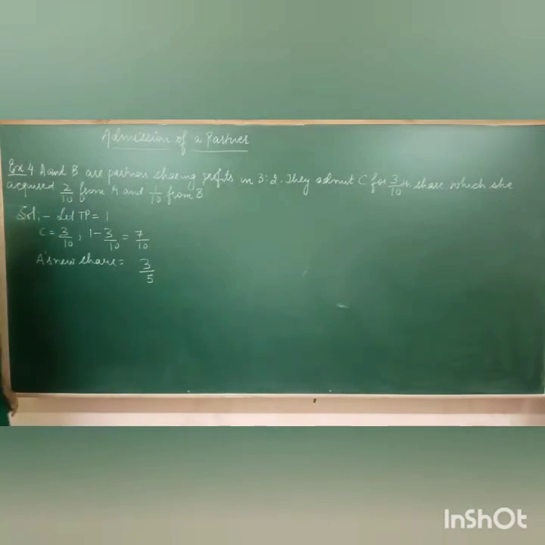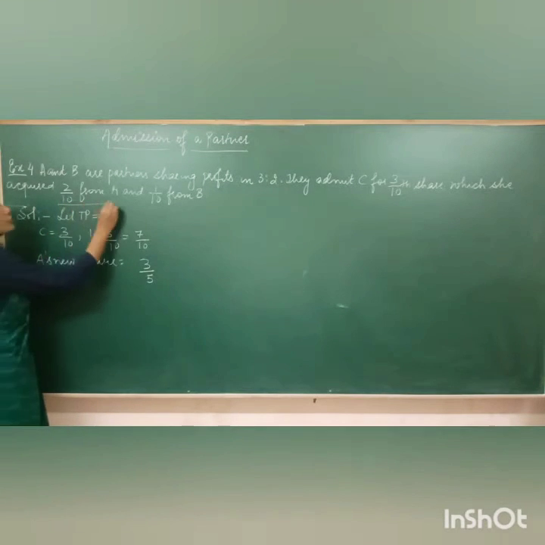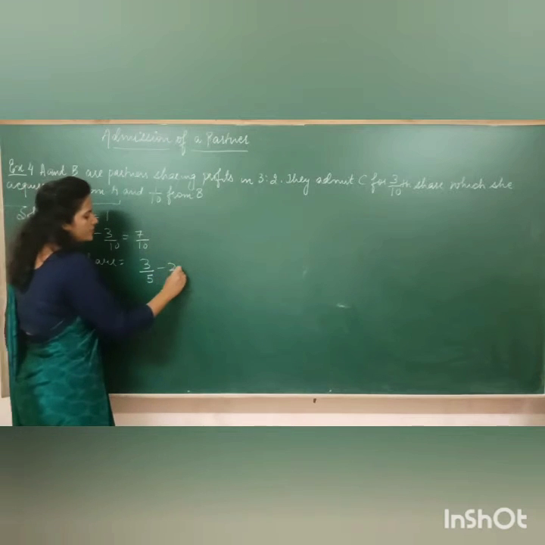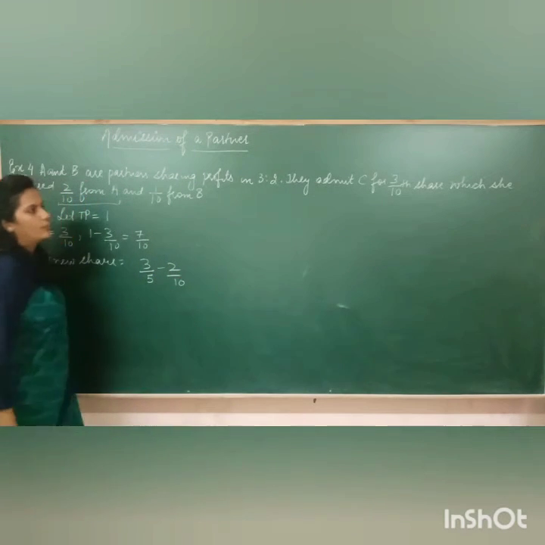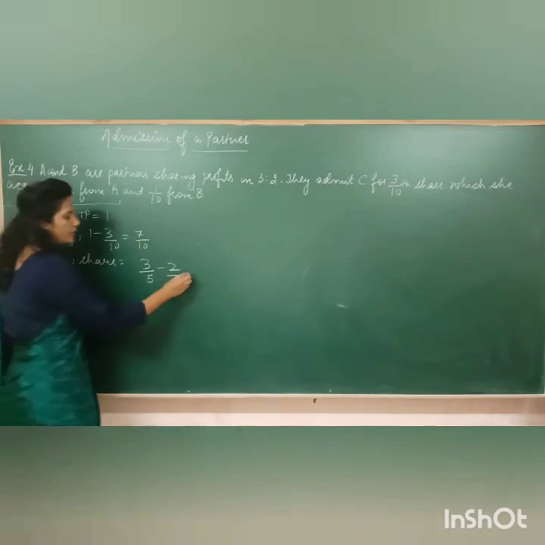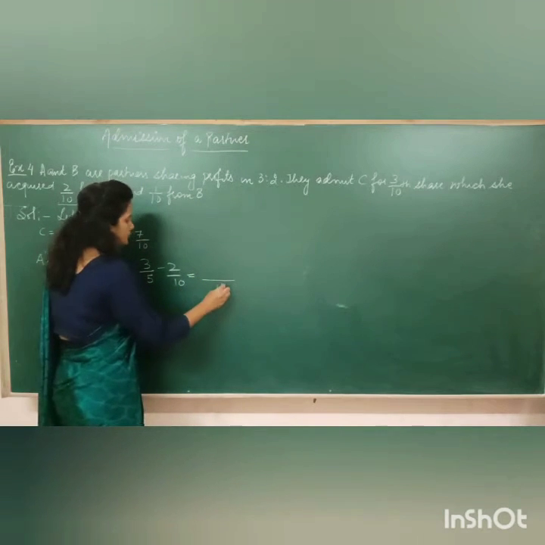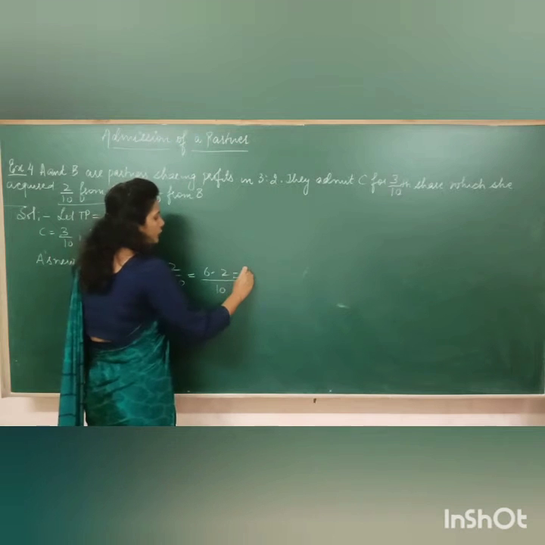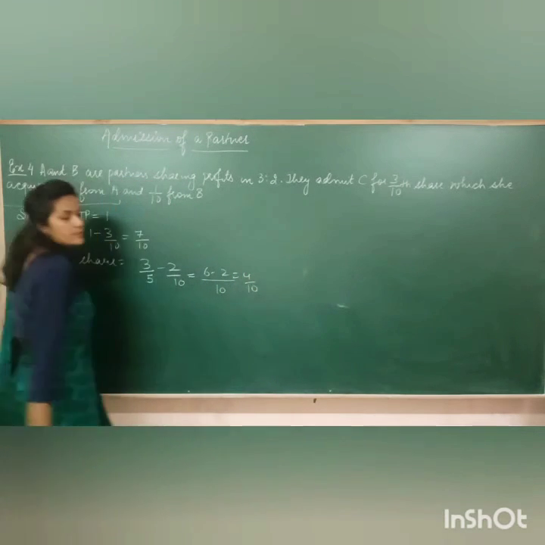In the question it is mentioned that C has taken 2/10 from A, right? So simply subtract 2/10 from A's share. So it will be equal to 4/10.